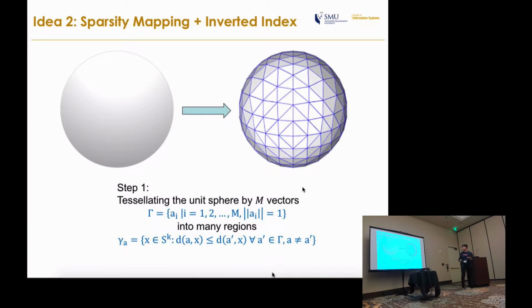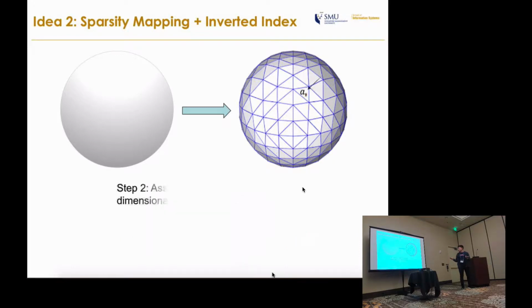So let's quickly go through the mechanism. They normalize all the data vectors and the query vectors, so they become data points on the unit sphere, and then you tessellate, or partition, the sphere into different regions, and each region is equipped with a permutation scheme.